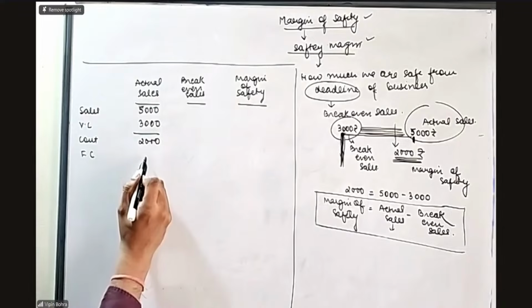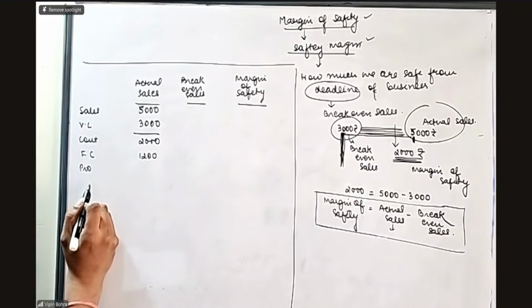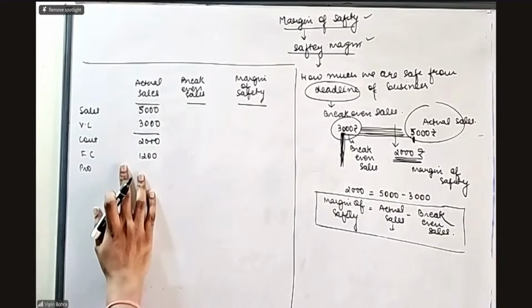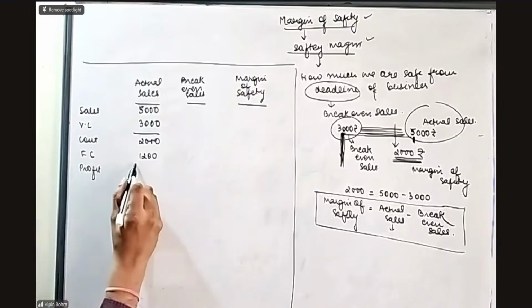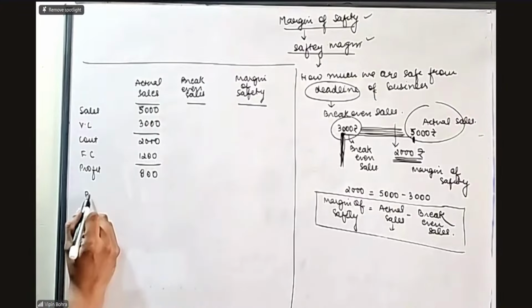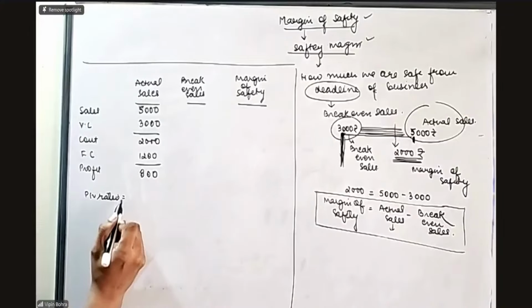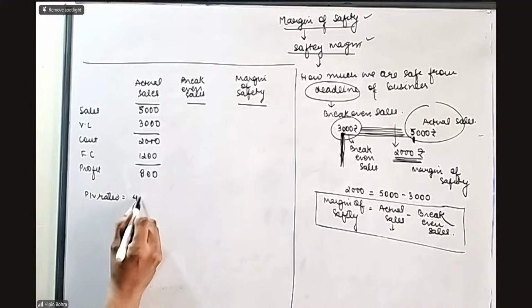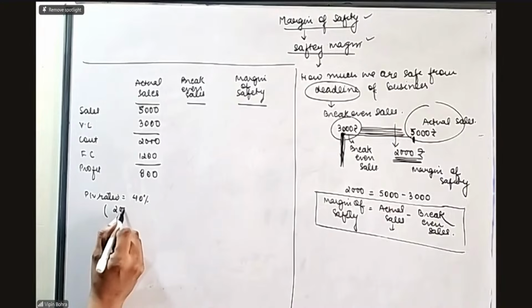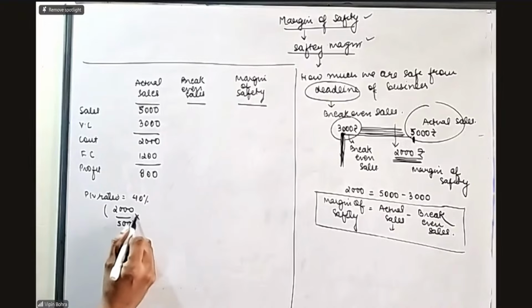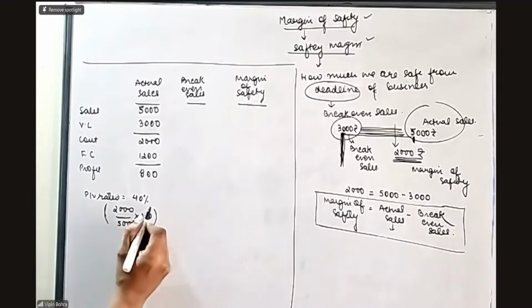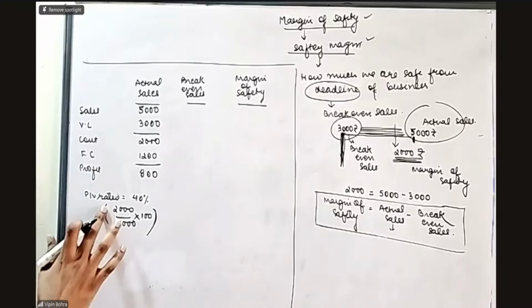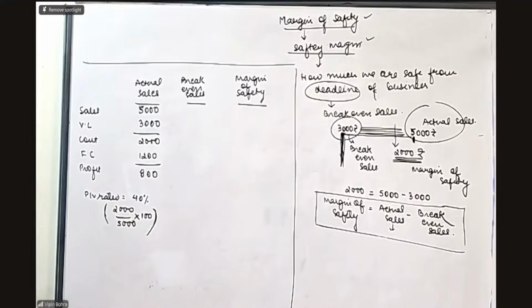My fixed cost is, let's say, 1,200. And my profit is 800. My PV ratio is how much? 40%. That is 2,000 divided by 5,000 into 100, that is 40%.